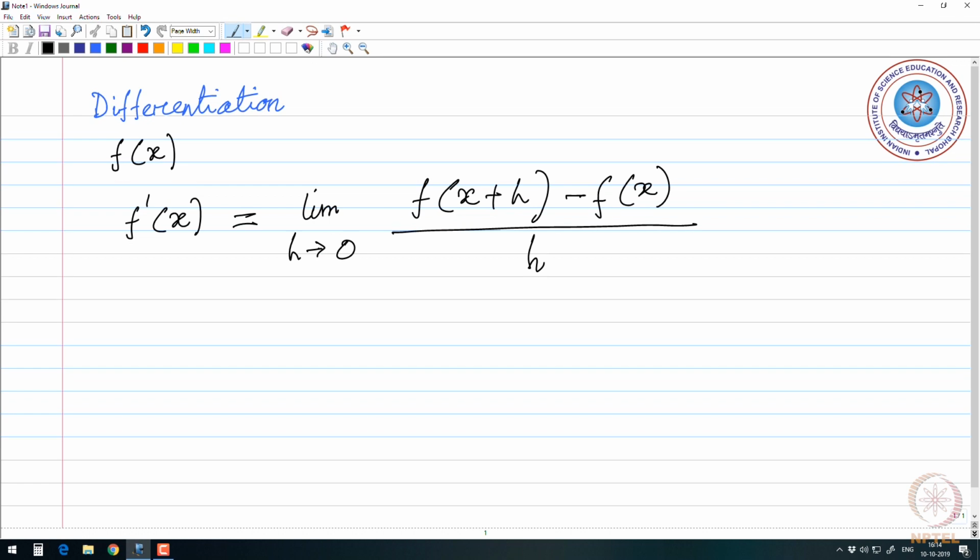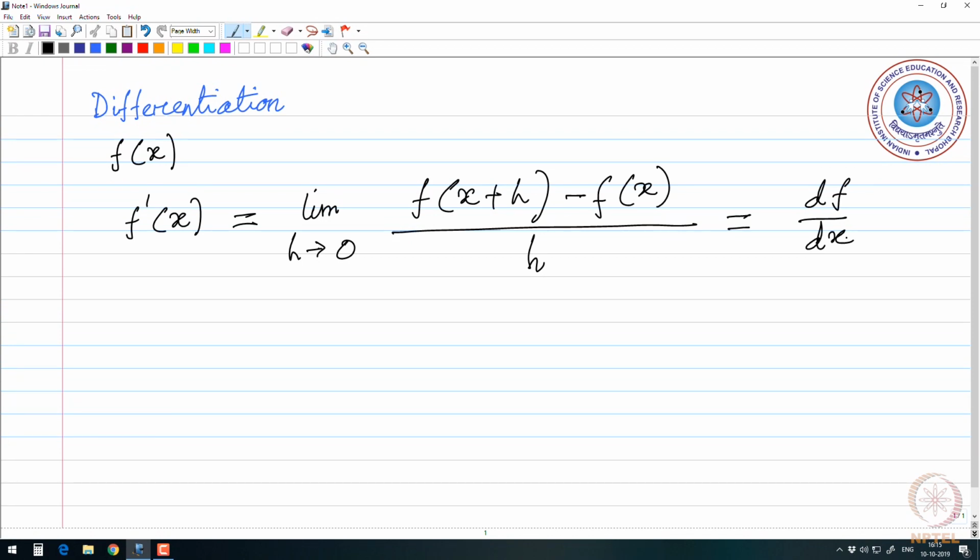We are familiar with this definition, and in a shorthand notation it is written as df dx. Geometrically we interpret this derivative as the slope of the function.